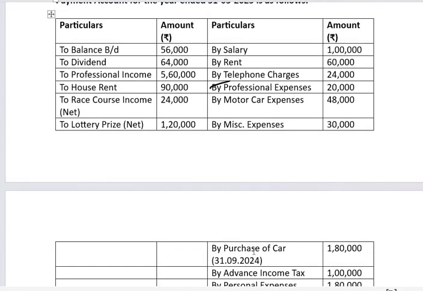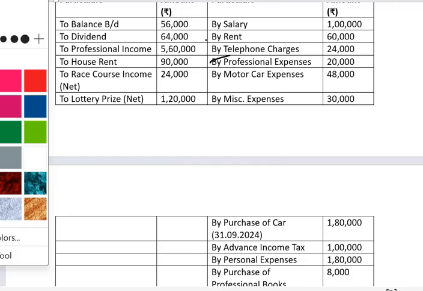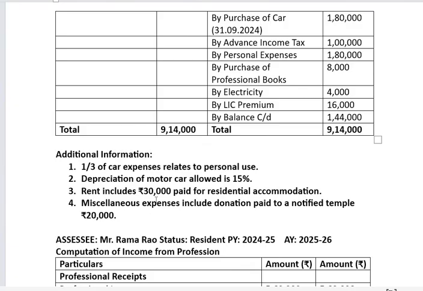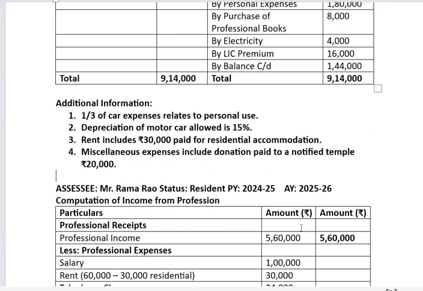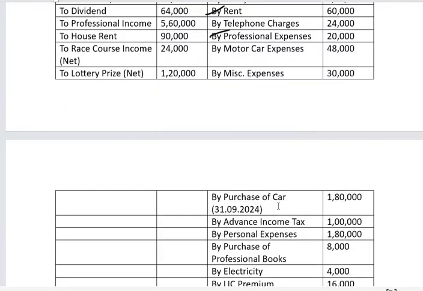Rent also we tick here, rent 60,000. Out of 60,000, rent used for residential accommodation is 30,000. So rent for professional purpose is only 30,000. So rent 60,000 minus 30,000, 30,000 we have to consider.